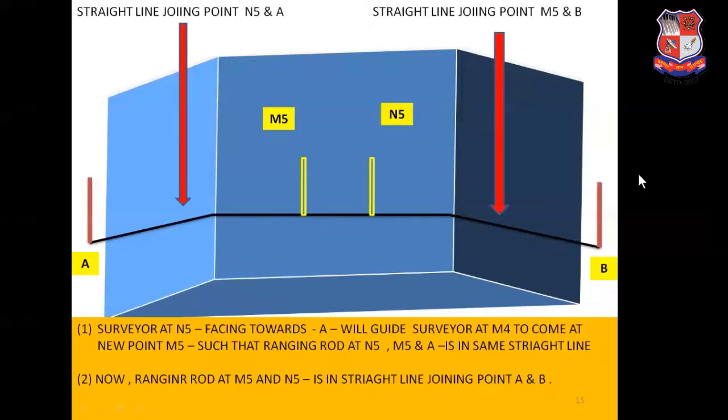This means the ranging rods at M and N are now on the chain line joining the two end stations A and B. At this point we can say that we have established the intermediate point on the chain line by the process of indirect ranging.